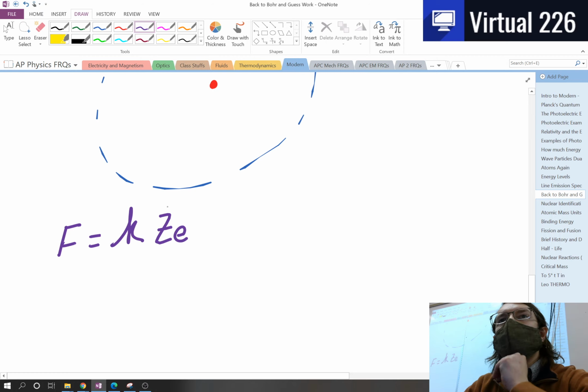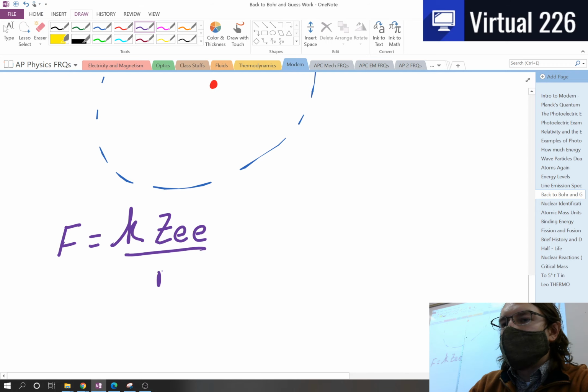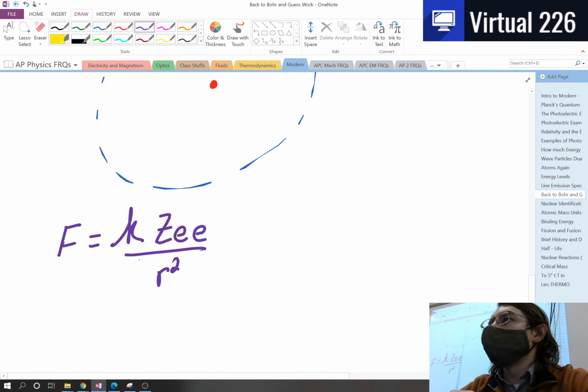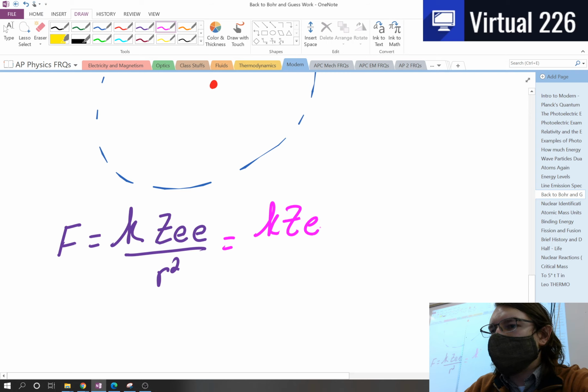The other q is an elementary charge, because that's what an electron has. And then divided by r squared, the distance between them. I'm ignoring sign conventions here of positive and negative because I know these are going to be attracted to one another. So I can quickly just rewrite this as k Z e squared over r squared.